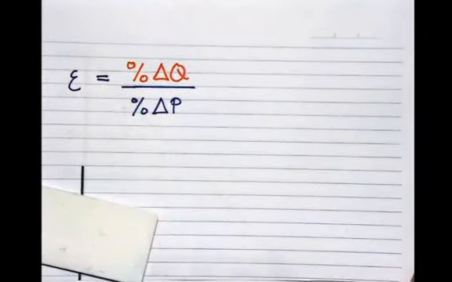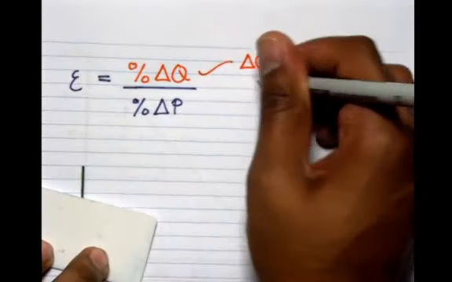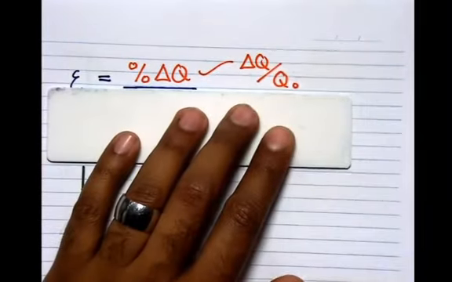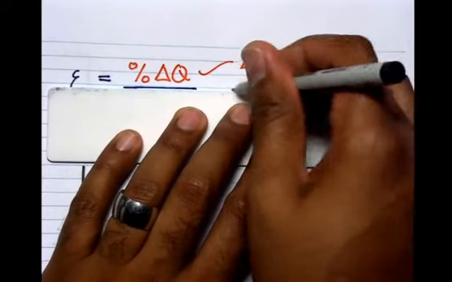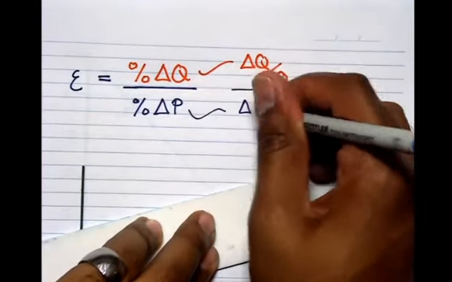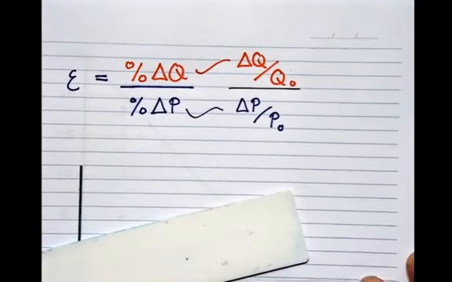How do you calculate a percentage change? You look at the change, divide by the original. How do you calculate a percentage change in price? The change divided by the original. Agree with that?